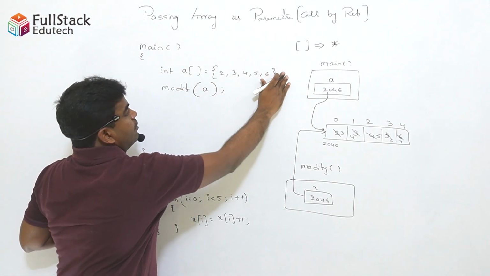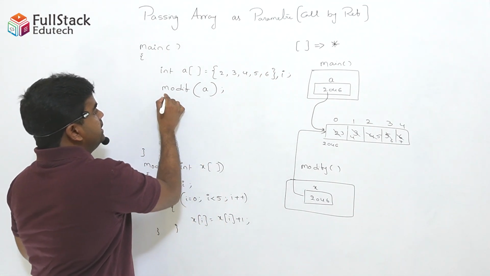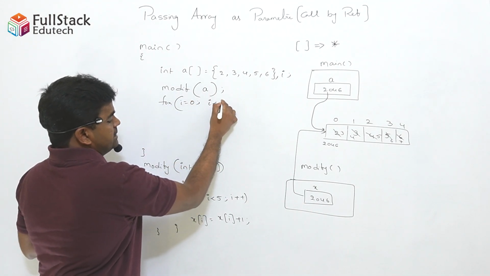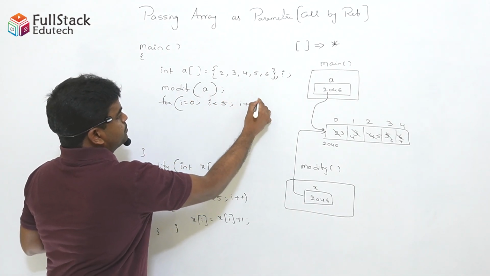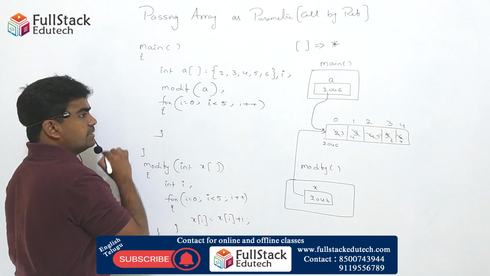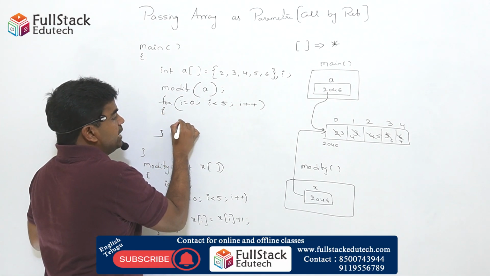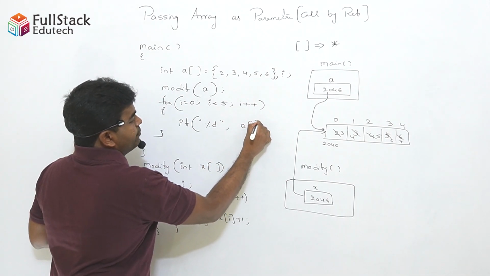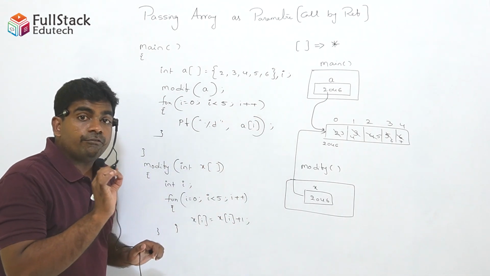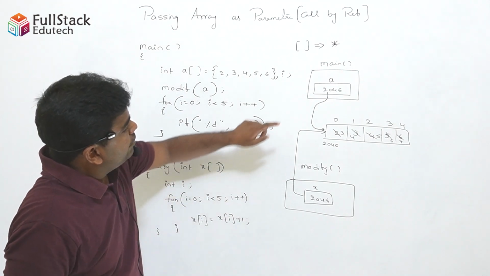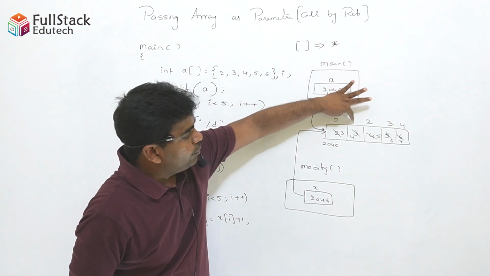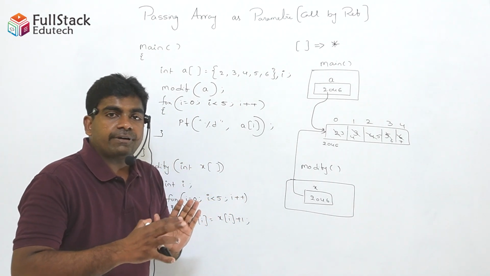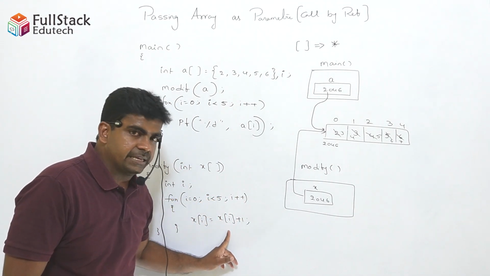Here, with the help of one variable declaration i, we are printing: i equals 0, i less than 5, i plus plus, and simply printing %d, that is A of i. A of 0 onward gives 3, 4, 5, 6, 7. It's not 2, 3, 4, 5, 6. It's 3, 4, 5, 6, 7 because we modified the values here.